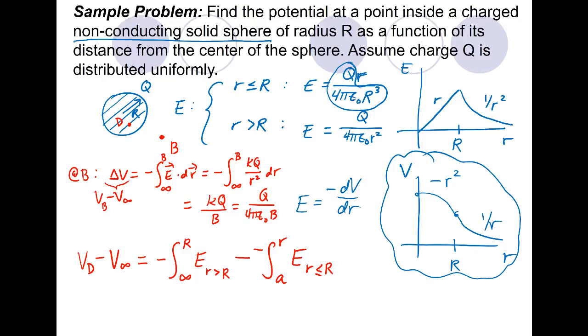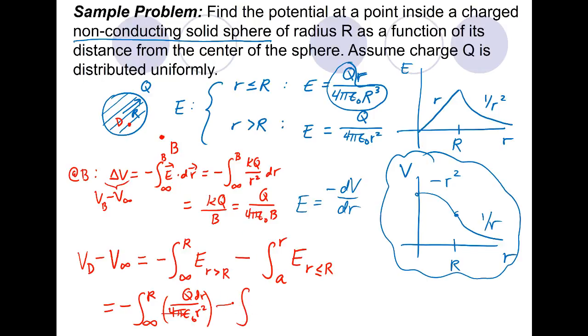Okay, so now what happens? Well, now we have some fun, because this is going to turn into the negative integral from infinity to R of Q over 4 pi epsilon naught little r squared dr. And then we have a plus sign there. Oh, I'm sorry. Turns out we don't have that second negative sign.